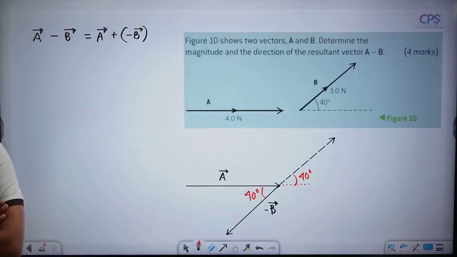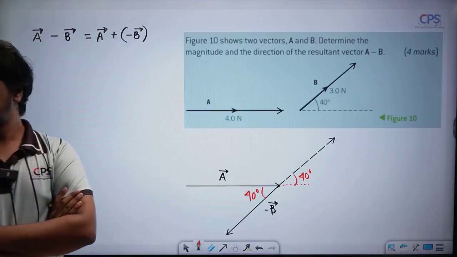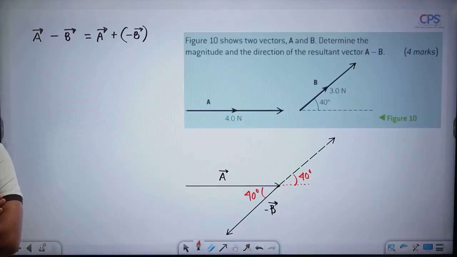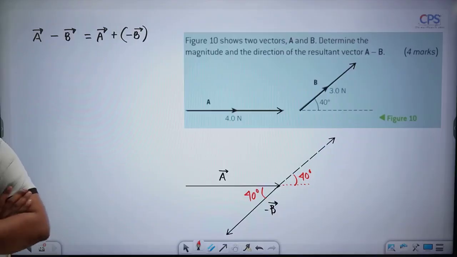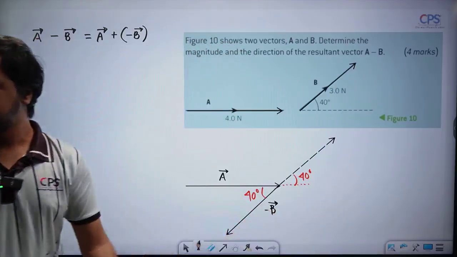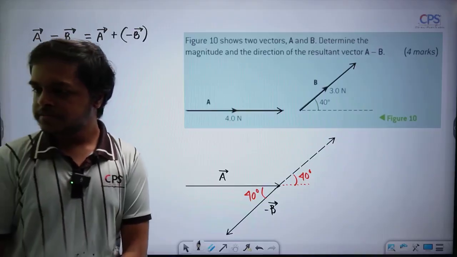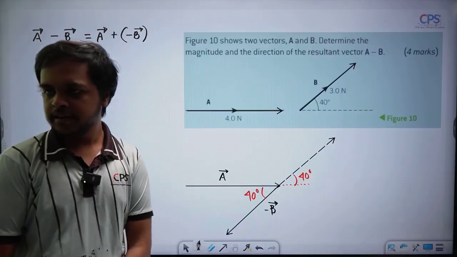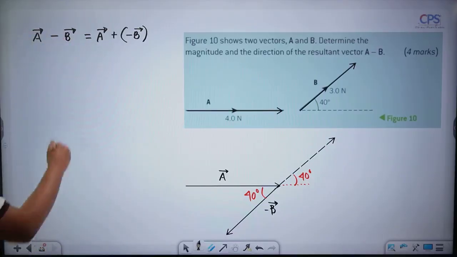Can't we do the resultant and direction? Of course we can do the resultant and direction right now. Okay, how do you do that? You can use the sine law, cosine law, or you can use our resolution formula or technique. Let's do that with sine or cosine.